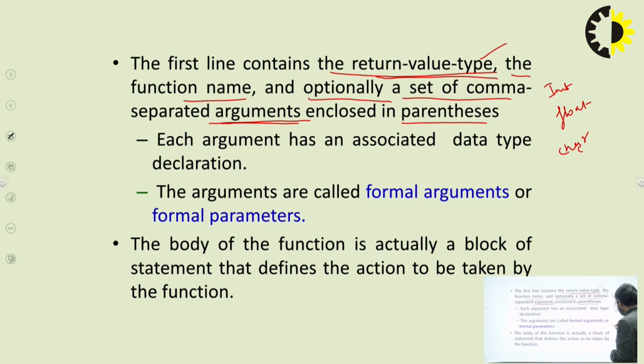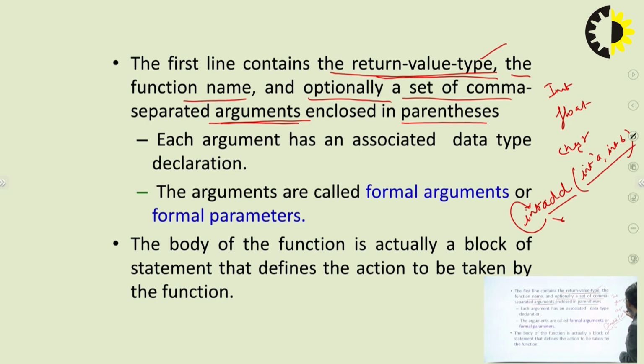It means, suppose we have a function named add, it will return an integer type value. Then we have two values, int a and int b. So this function add returns an integer type value, and it will use two parameters, that is integer type int a and int b. We have comma separated arguments enclosed in parentheses. Each argument has an associated data type declaration.